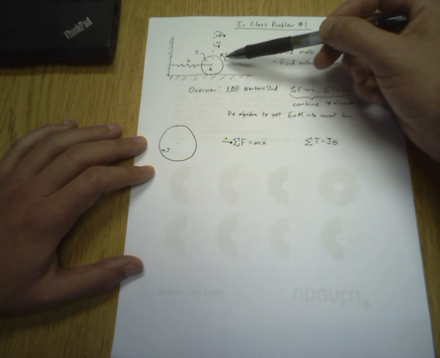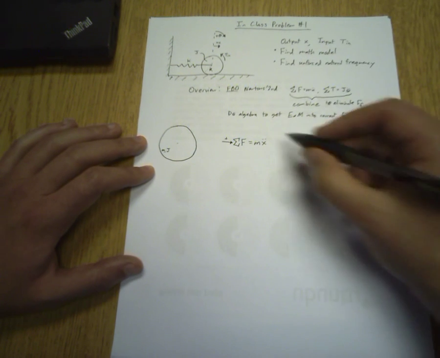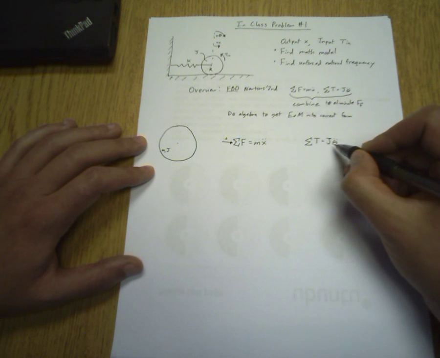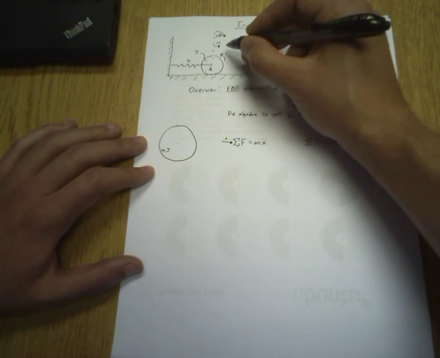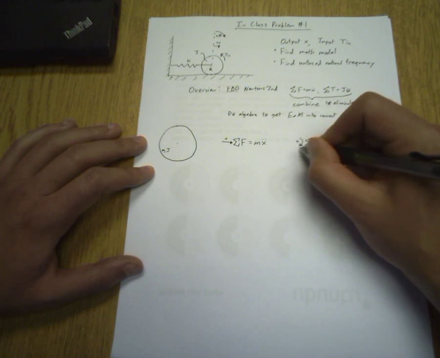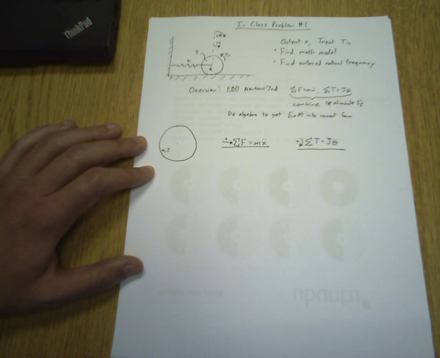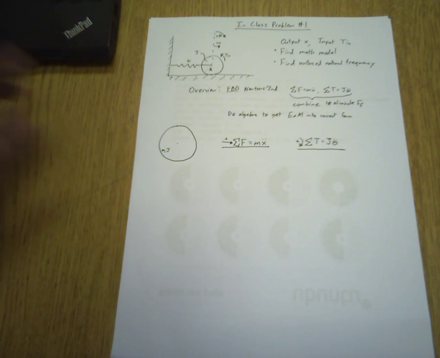Perhaps theta aligning with the input torque would be another sensible choice, but I'm going to stick with this one. And then over here, noting that theta double dot must be in the same direction as theta up here, I will indicate that just to the right of my summation sign.